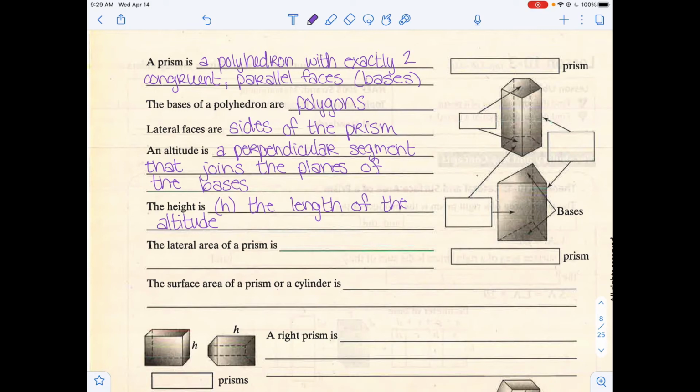Okay, we're getting towards the end of the rectangular prism. So lateral area of a prism is the sum of the area of the lateral faces.